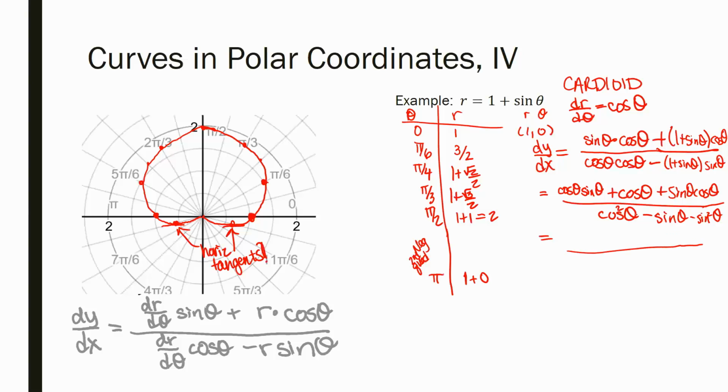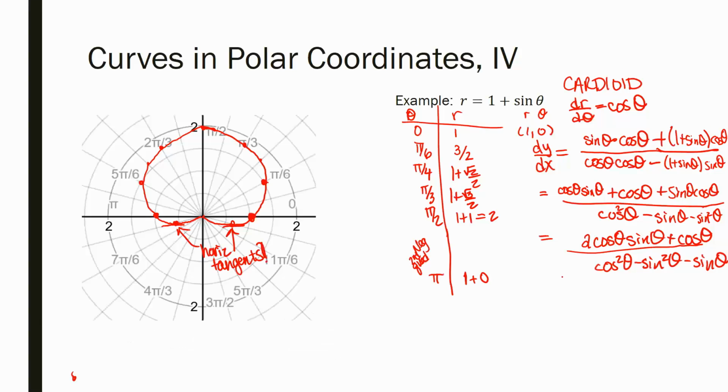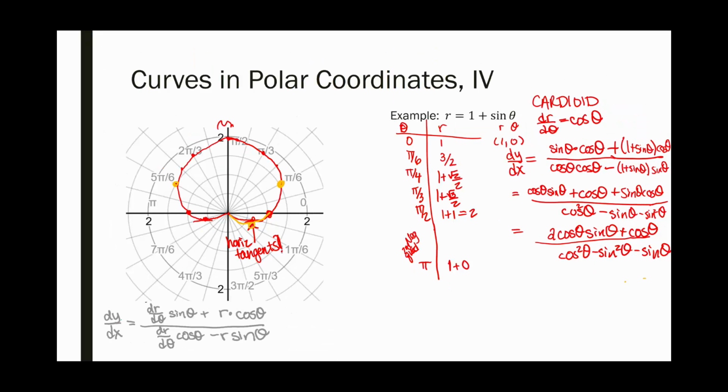In the numerator, you have 2 cos theta sine theta plus cos theta. And in the denominator, you have cos squared minus sine squared minus sine. So if the question we're asking is horizontal tangents, I need to set dy dx equal to 0. Now I know that in order to do such a computation, I'm looking at the numerator.